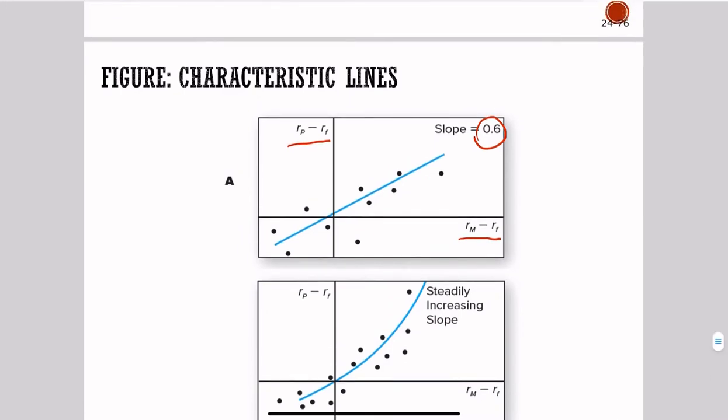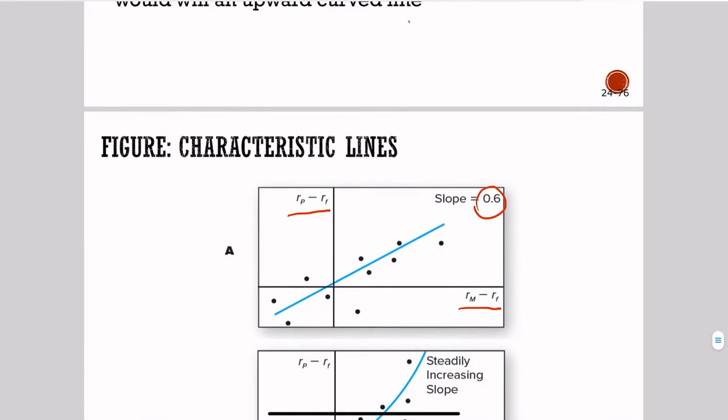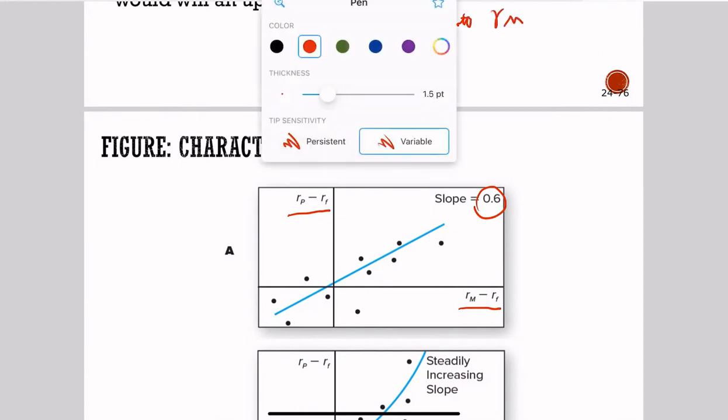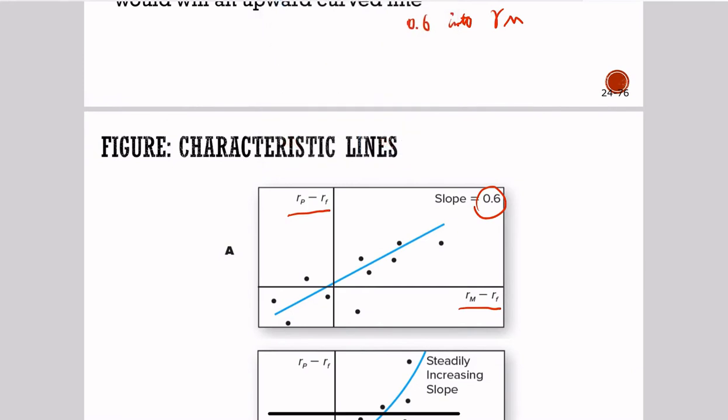So how do you get this result? Well, let's say you invest 60% into the market index, and then the return of your portfolio would be 60% in the market and 40% in the risk-free asset.